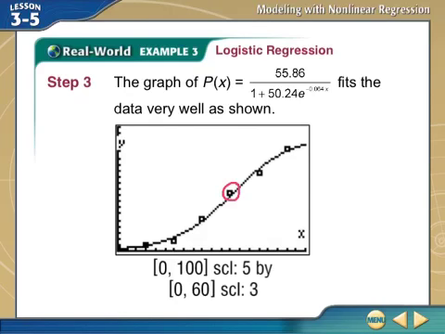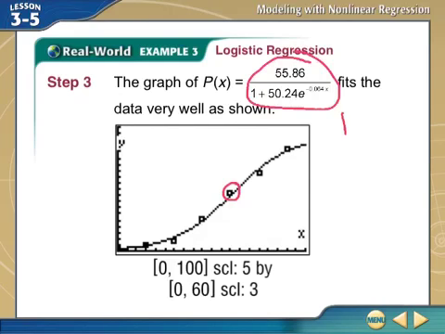So what we have here is a logistic model that we know fits the data well, and next we are going to use that to predict what will happen when, let's say, 100, 1,000, 2,000, 5,000 ads are shown. What is the limit to this data? What is the limit to the percentage of people buying this product? Now, what you could do is graph this equation, and then change your table settings.